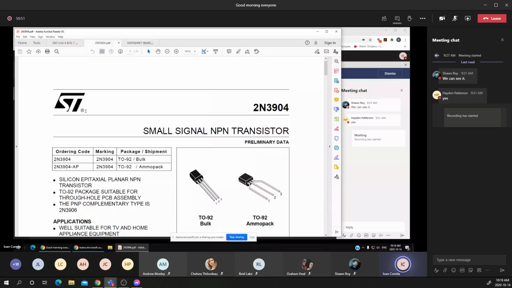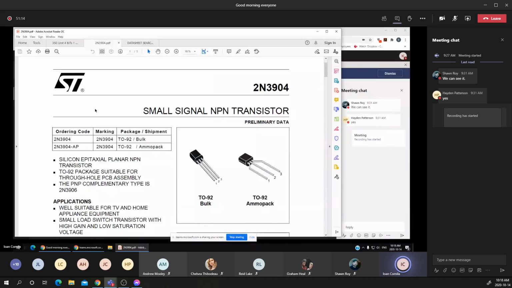It's actually a Swiss company, but it's like a multinational company. It's not only based on the European market.